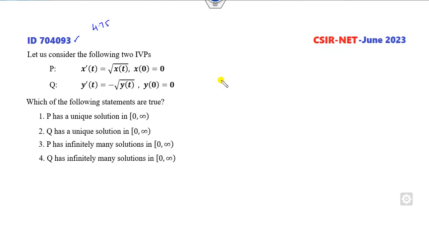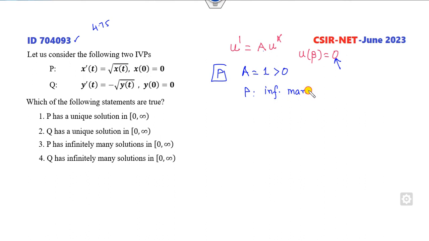Look at another one, which is a similar question, of u of alpha, where u times beta is 0. Remember, it must be 0. Clearly it says that for the P case, what is my a? A is 1, which is greater than 0. Therefore, P will give you infinitely many solutions.